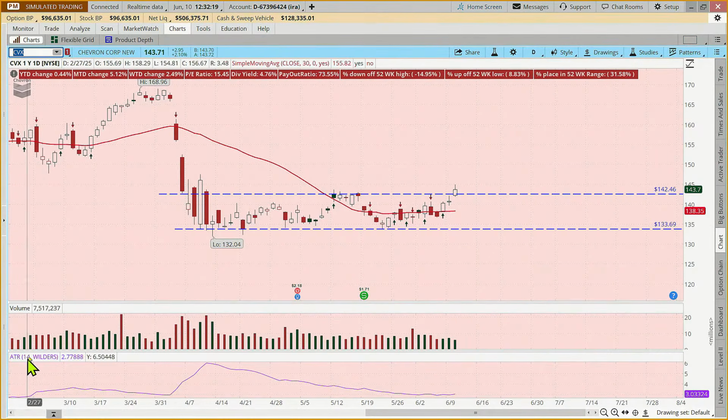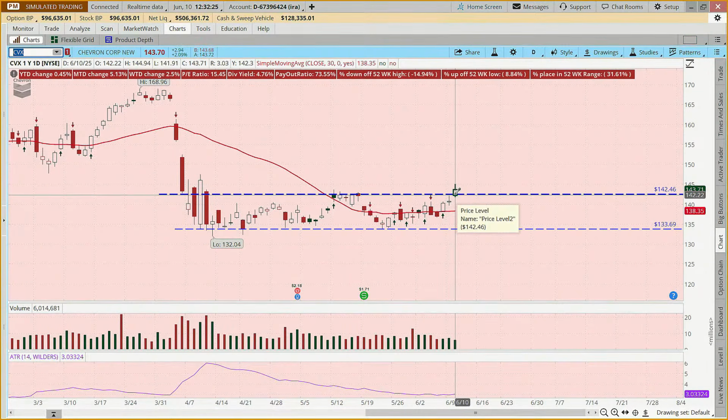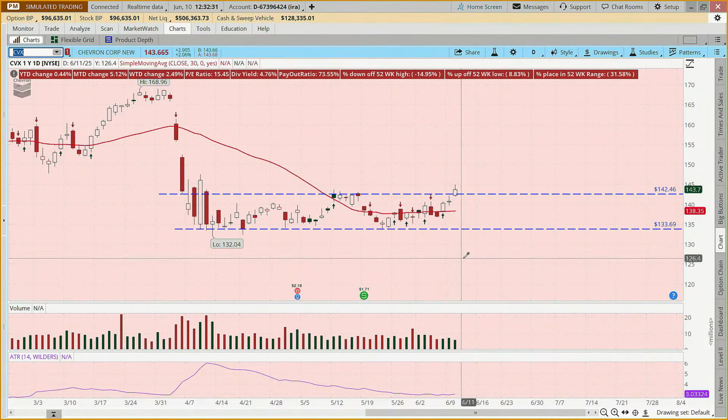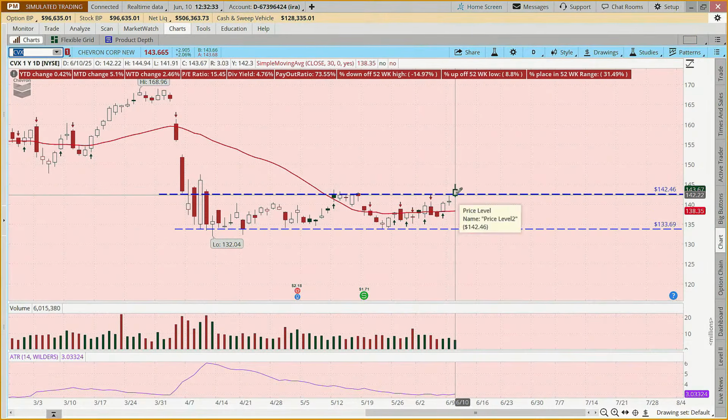And this tells us that it's looking at the last 14 days. And then when we hover over today, it's saying, hey, on an average day, this moves from high to the low of the day about $3.03. So if we said, okay, the high today is 144.94, I'm going to add $3.03 to that, and that's going to be my target.